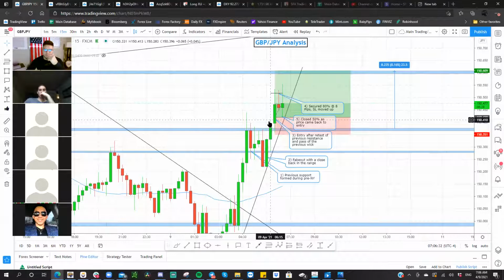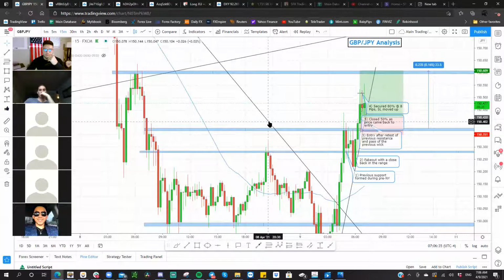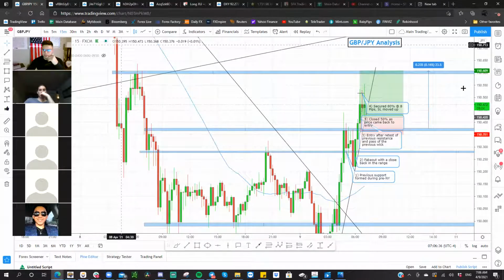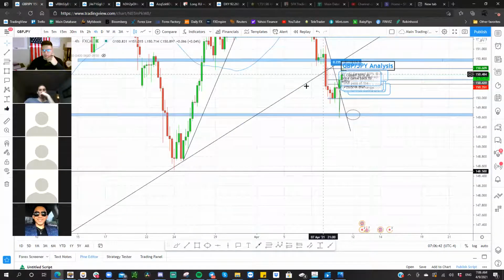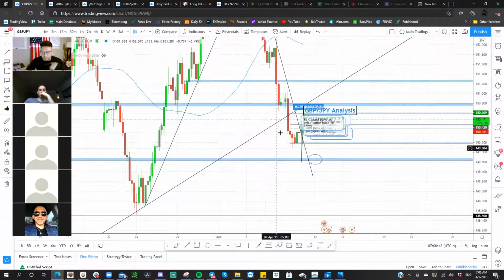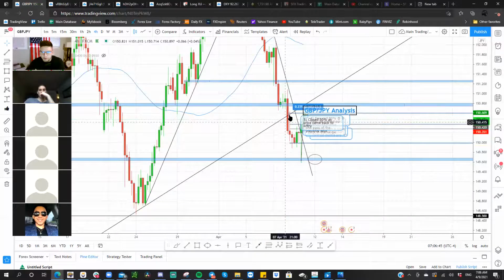I see, makes sense. But what I think is happening right now is as we broke below this bearish trend, obviously sellers are cashing out, they're grabbing their profits.